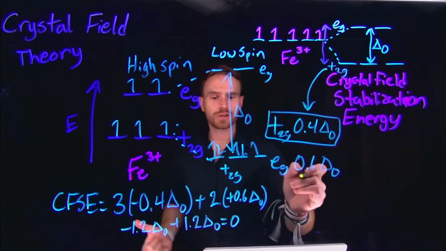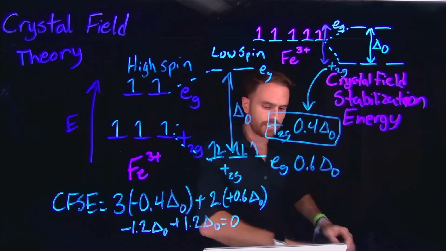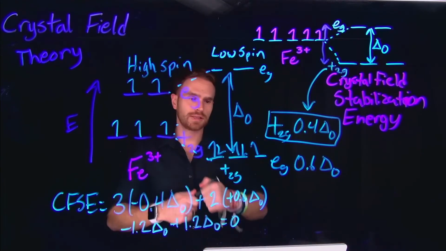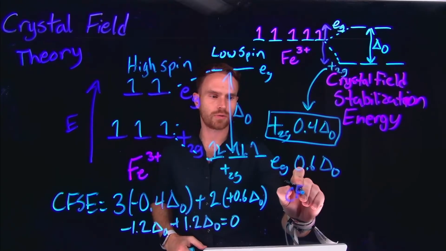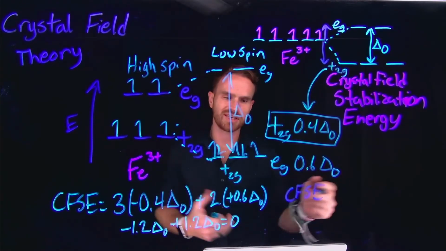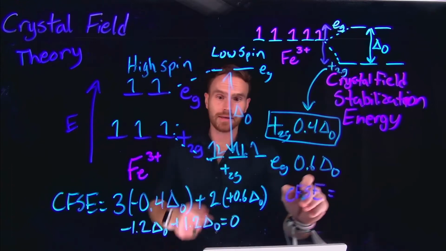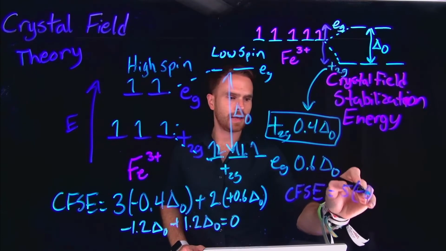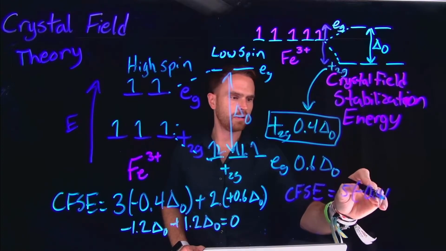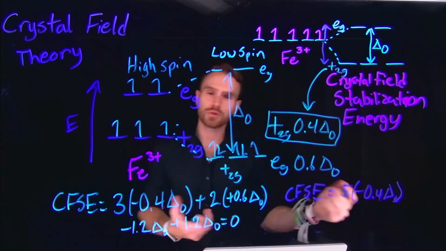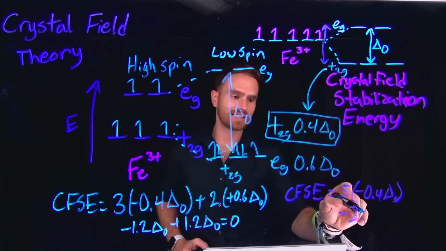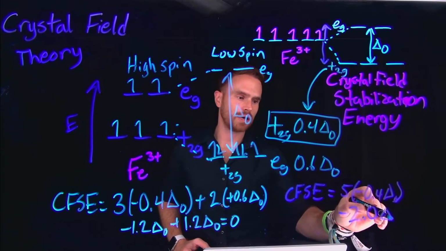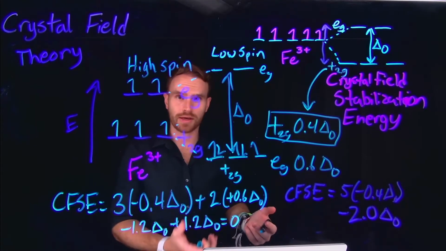Now, if we were to do this same calculation, but this time for the low spin scenario, we could calculate the crystal field stabilization energy, CFSE for short, as 5 electrons times negative 0.4 delta O. And then we could do this calculation and see that we end up with a stabilization of 2.0 times whatever that delta O value is.